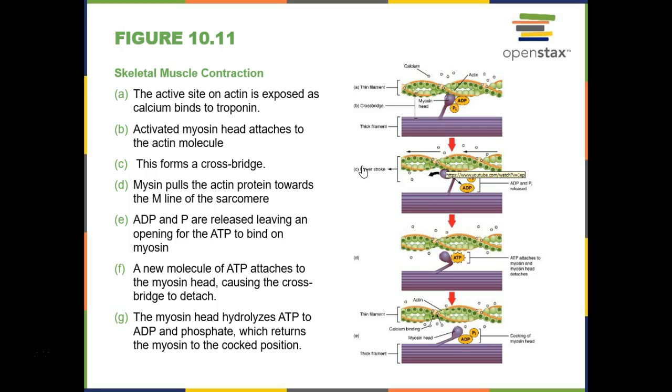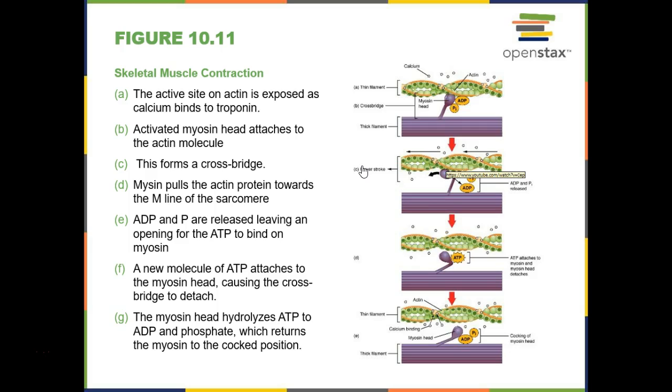So now we have these open myosin binding sites on actin. Activated myosin heads are going to attach to those myosin binding sites. This forms a cross bridge, and then the myosin heads pull the actin towards that M line of the sarcomere.